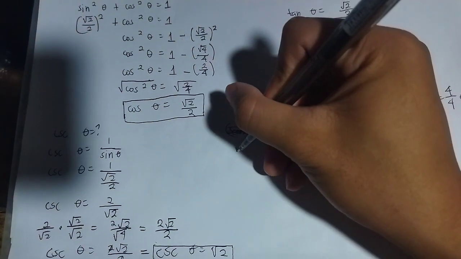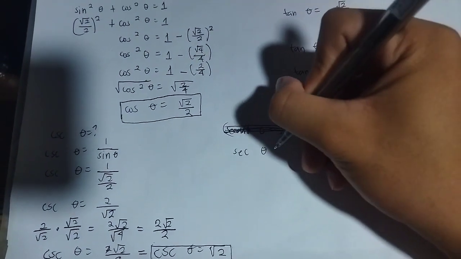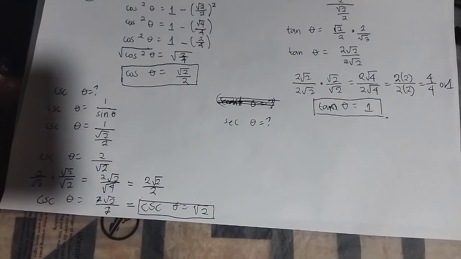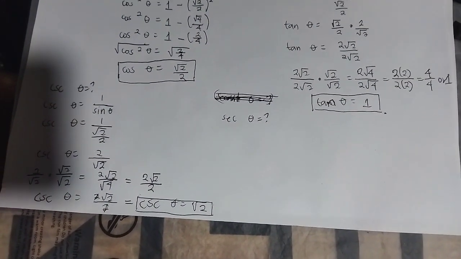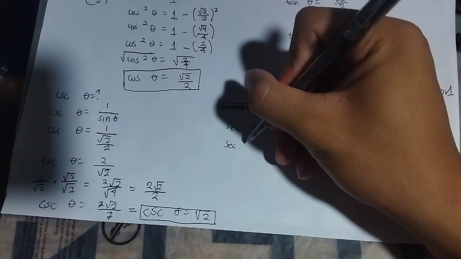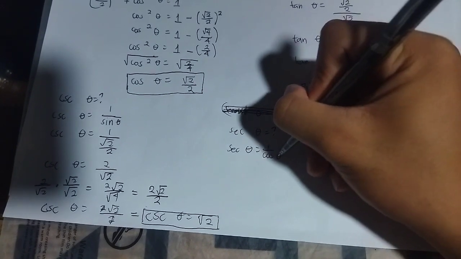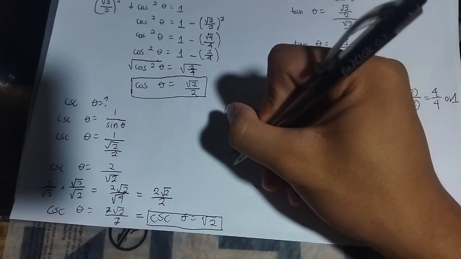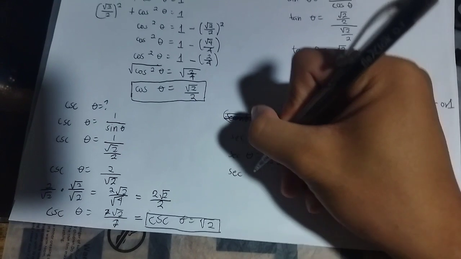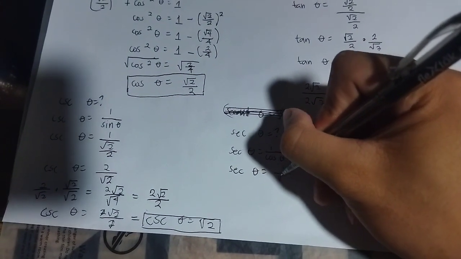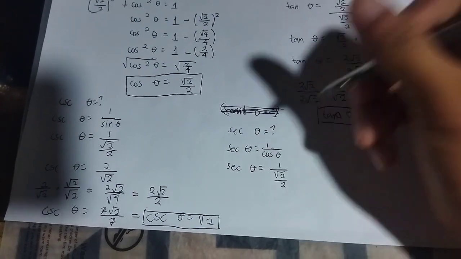Next is the secant. So in secant, we use reciprocal identities. So we have secant theta is equal to 1 over cosine theta. Then substitute. So we have secant theta is equal to 1 over square root of 2 over 2.